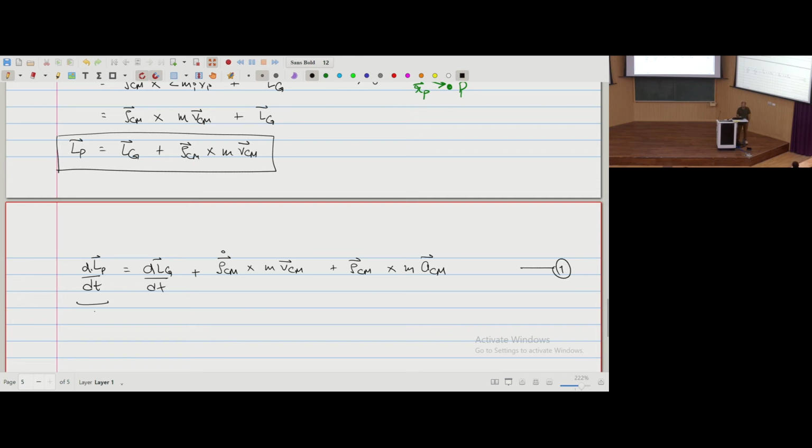Now, is this thing equal to tau p? We don't know. If we already knew this, then we will not do this exercise. We will simply say tau p is equal to d by dt of LP. But that is actually not the case. That is what we are trying to show. If you want to see what is the relationship between tau p and d by dt of LP, that's the aim of this discussion. So we'll separately calculate tau p and then see how they are related, 1 and 2.